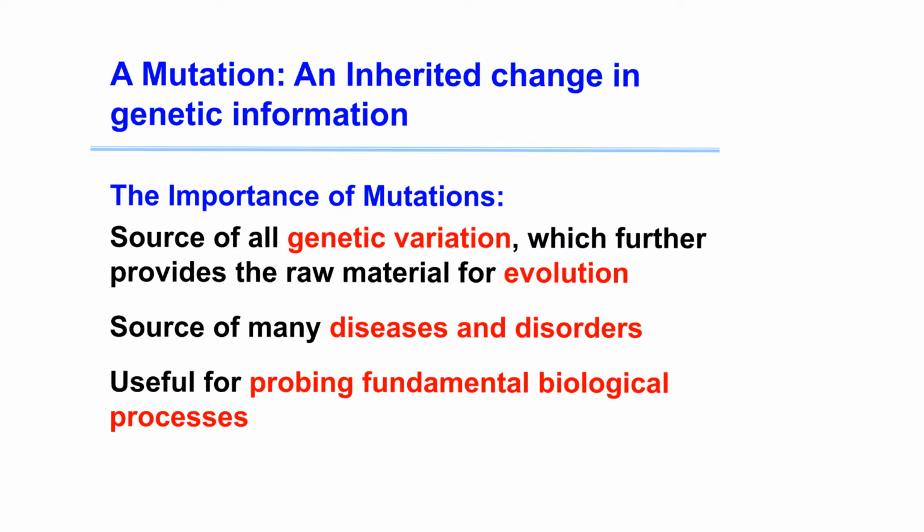So mutation in the long run plays a role in evolution. Nowadays, we also exploit induced mutations to study the function of particular genes. So they are a very important probe in fundamental biological processes.